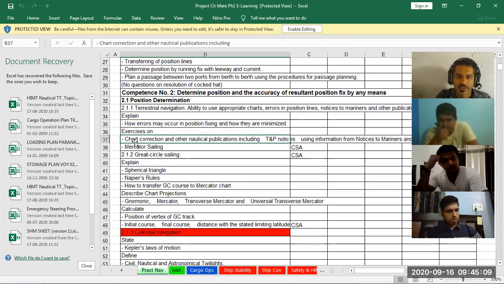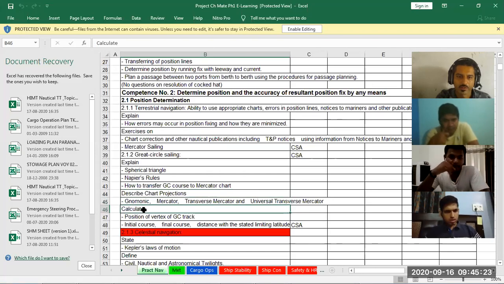Chart correction, T and P notices, notice to mariners, Mercator sailing, great circle sailing, PZX triangle, Napier's rules, great circle to Mercator chart, and different mnemonic, Mercator, transverse Mercator, universal transverse Mercator, position of vertex, great circle track, initial, final, and distance of the limiting latitude.